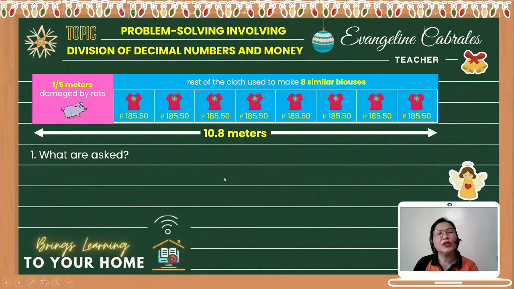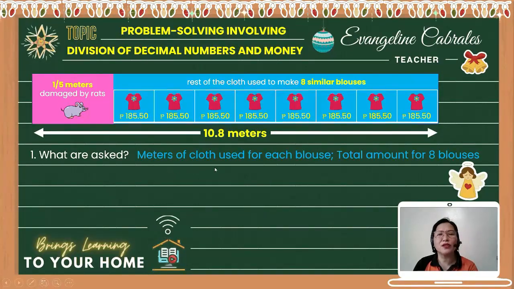Then, ano yung hinahanap or what are asked? Una, meters of cloth used for each blouse. Ilang metro daw ng tela ang nagamit para sa bawat blouse na ito. And the other is total amount for 8 blouses. Magkano daw ang pinagbentahan ng 8 blouses na ito?